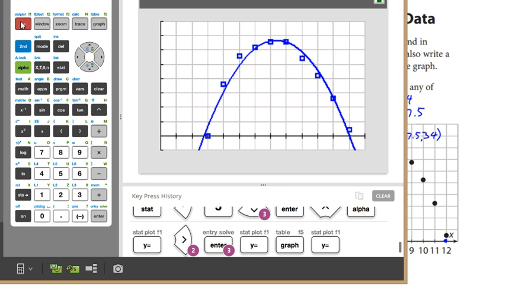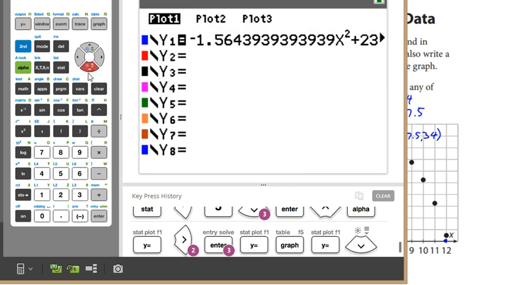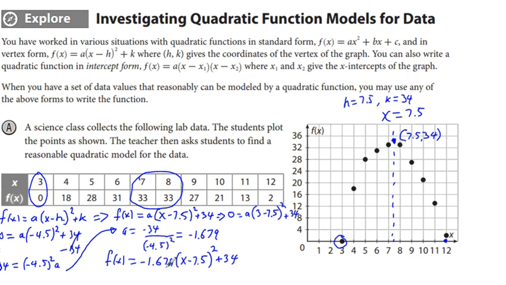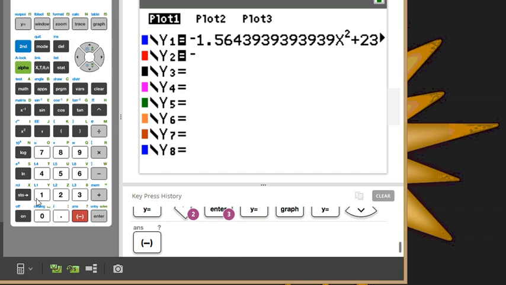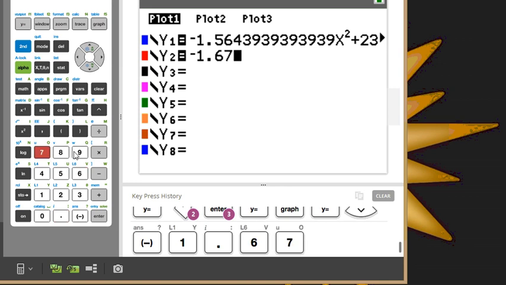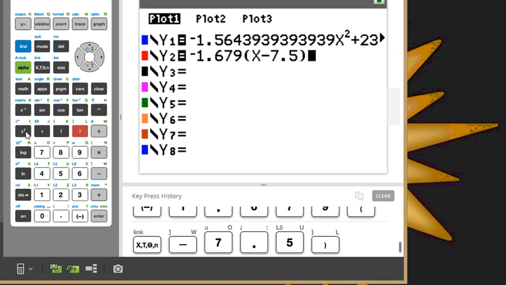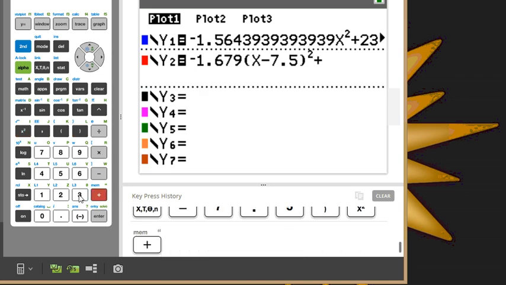I'm going to overlay the original one we had, which was negative 1.679 times quantity x minus 7.5 squared, and we're going to add 34. And we're going to see this in red.